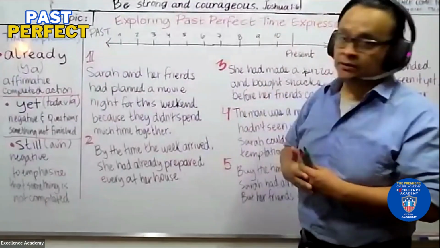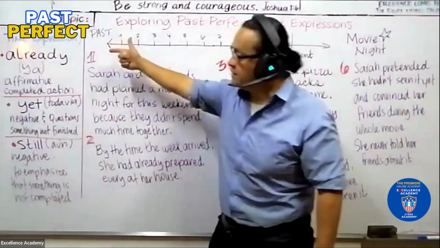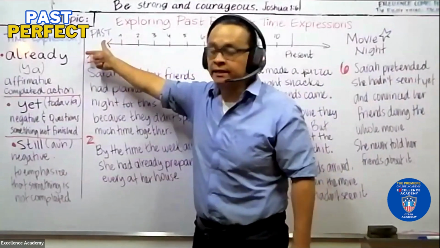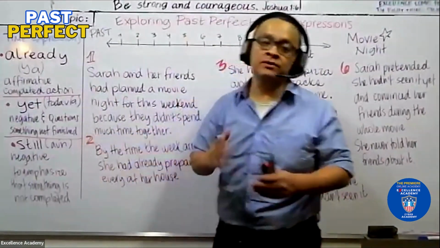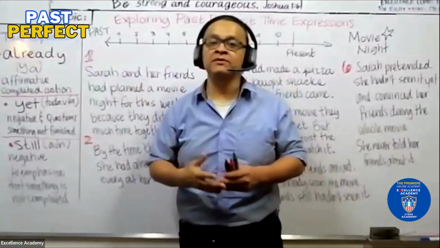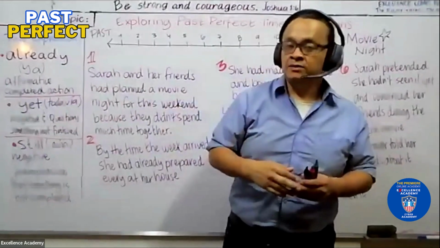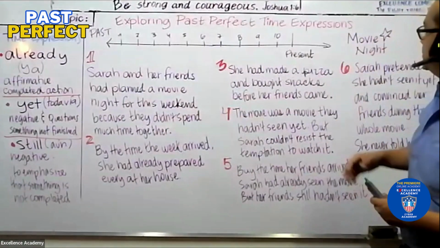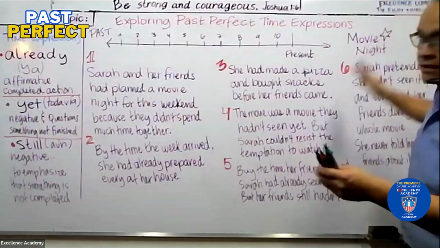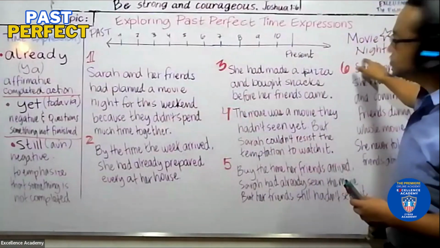Today we're going to explore the time expressions already, yet, and still. We're also going to explore the time expression phrase by the time. So let's get started. We're going to explain on the board here. The topic of our lesson is going to be movie night.